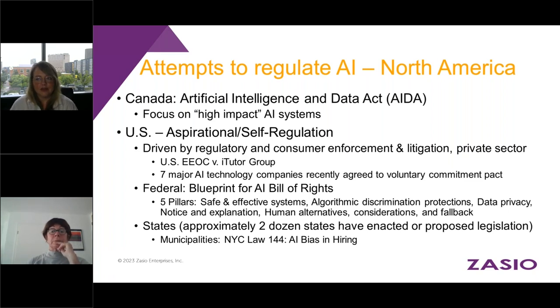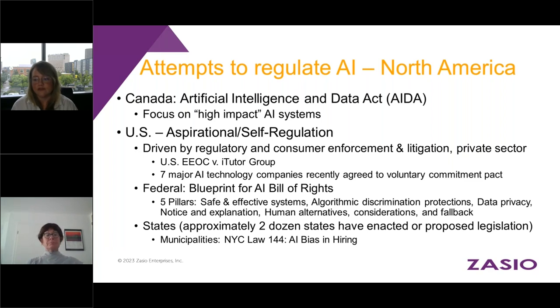And then, as is often the case with the US, there's a patchwork of laws that are coming up. So the states are leading the way as far as actually promulgating and publishing laws on the books.